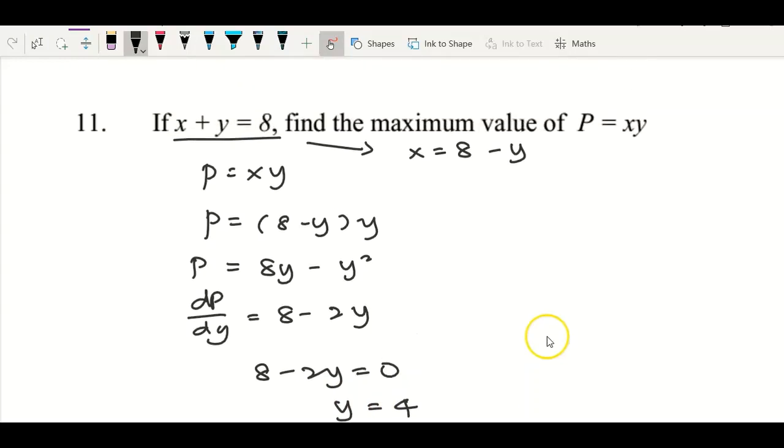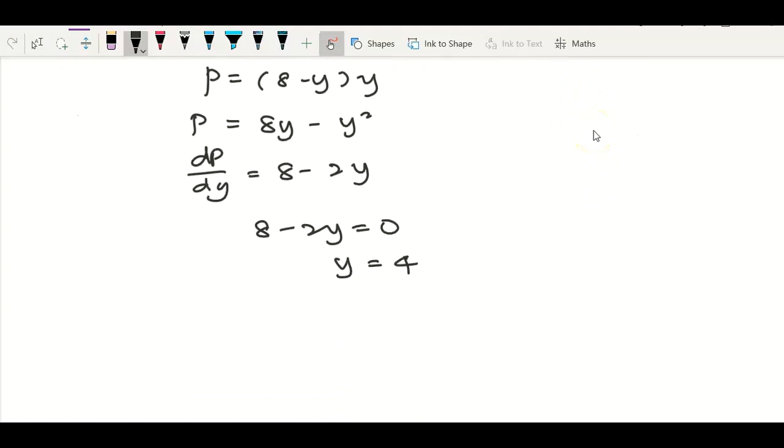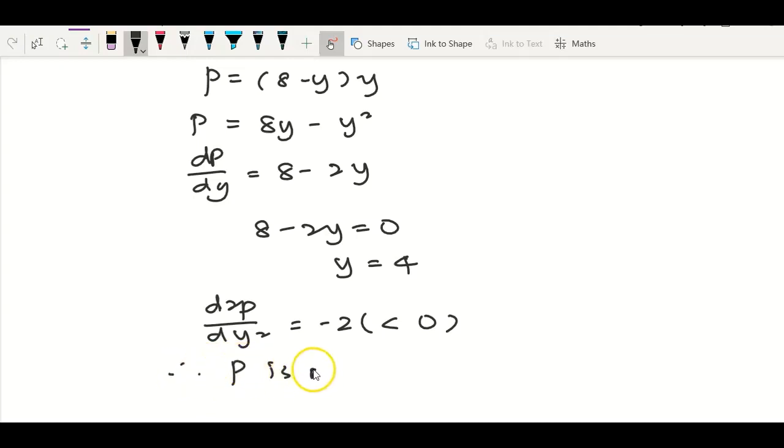Then this question is not interested in the y and x value. They want us to find the maximum value of P. So I'm going to check, does this y make my P maximum? I will check with the second derivative. I got negative 2. Negative 2 is always less than 0, or we say negative, meaning that P is maximum when y equals 4.